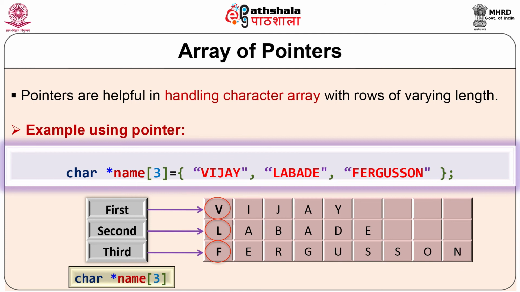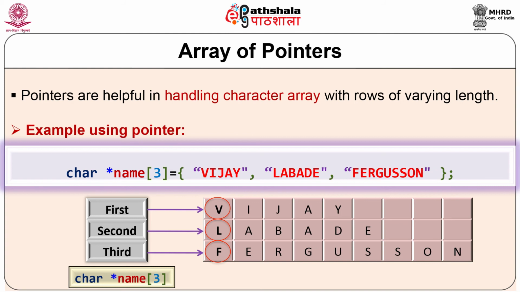These 3 different strings can be handled using pointers because our pointer is character type and star, that is the unary operator, is used for defining pointer, and the array size is 3, and therefore we can use 3 different strings.